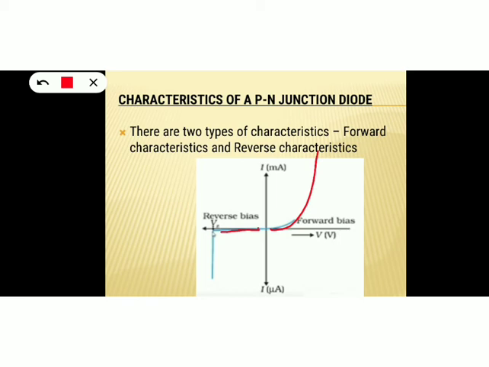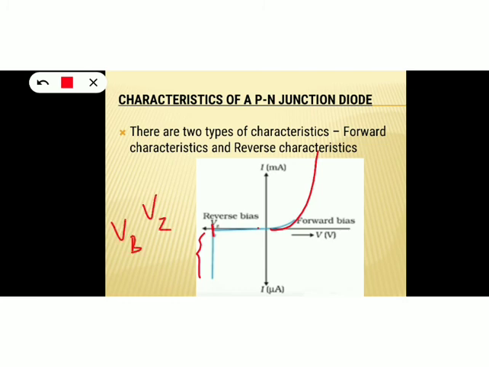But once it reaches a particular voltage, beyond that region, the current increases rapidly in the negative direction. Can you see this? Here you can see a rapid increase in the current in the negative region. So this point after which the current increases rapidly in the negative direction is known as the breakdown voltage. It is denoted by VZ or VB.